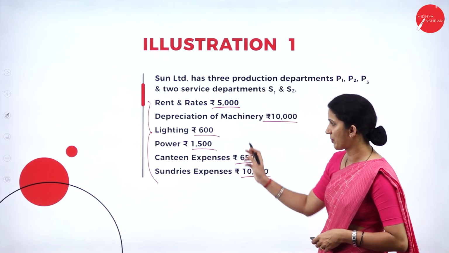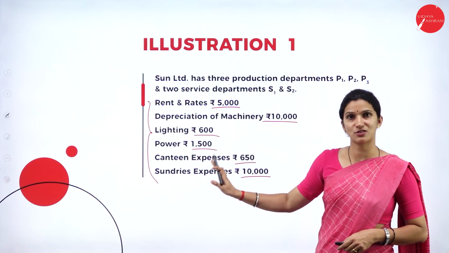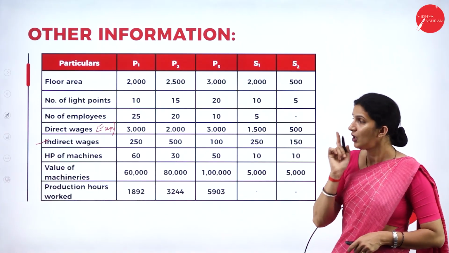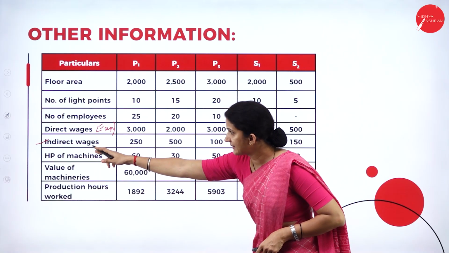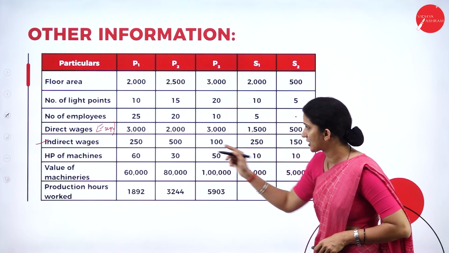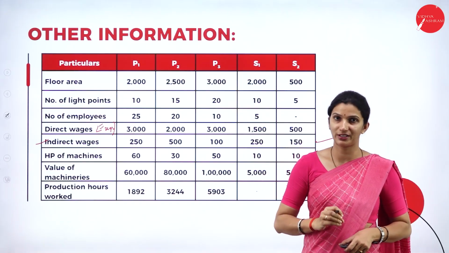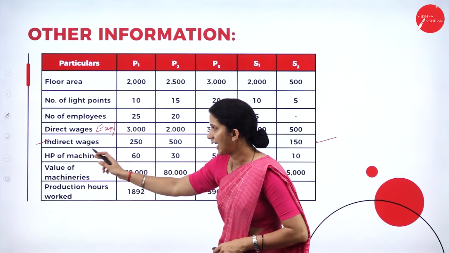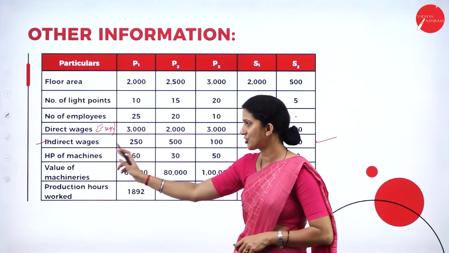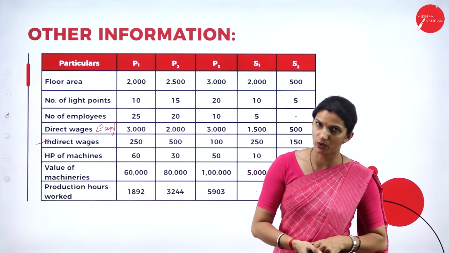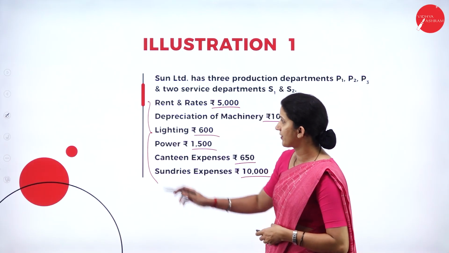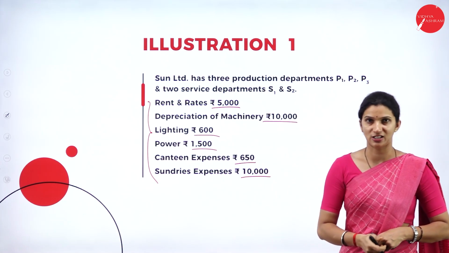Usually the indirect expenses are given along with the expense totals, but in this question the indirect wages are given directly department-wise, so we need to take that. Then we have HP of machine, value of machineries, and production hours worked. From these bases, we first allocate the expenses.